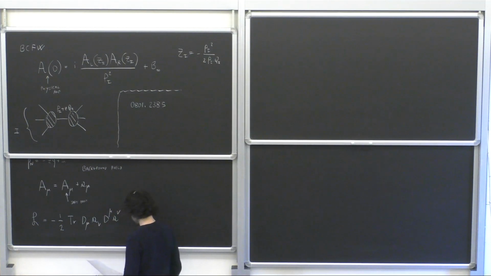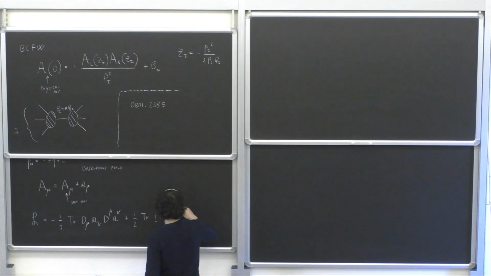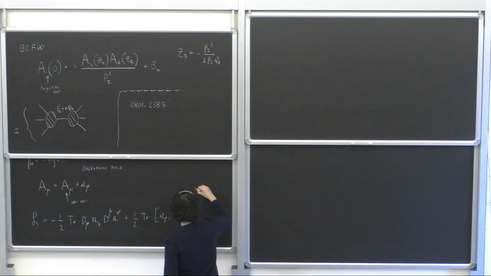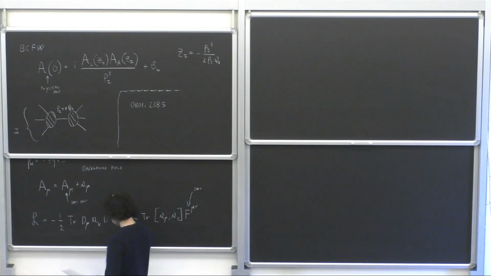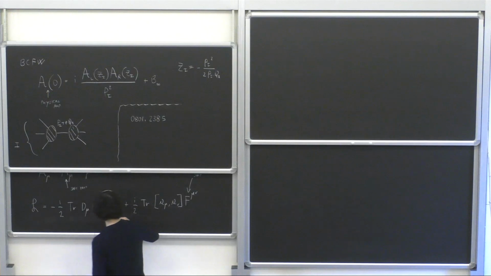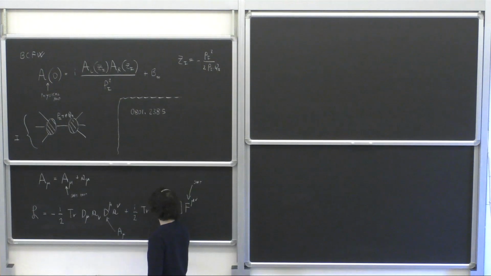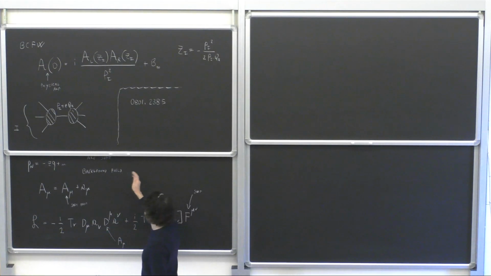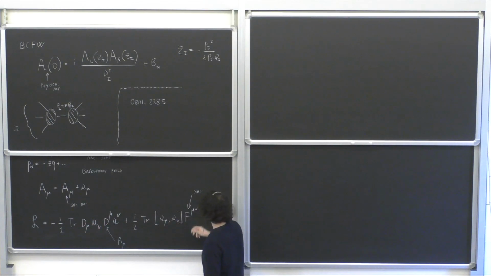These indices are contracted exactly as displayed. And then there is a trace here of the anti-commutator of two hard fields, the F mu nu. And here this is the soft F mu nu, so to speak. It should also be remarked that the soft fields are also hiding inside the covariant derivative here. So this covariant derivative is with respect to the background of the soft fields, whereas this is the hard fluctuation, same thing. This is the background.